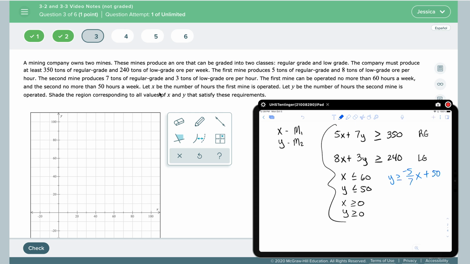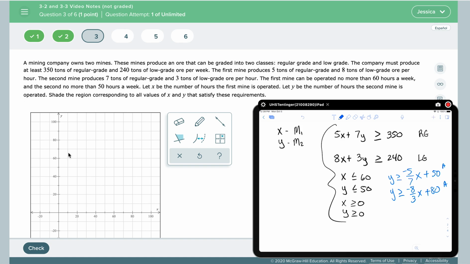And then on that next equation, we're subtracting 8x and then dividing everything by 3. So y will be greater than or equal to negative 8/3 x, and then 240 divided by 3 is 80. And we need to be above both of those lines when we get ready to shade.